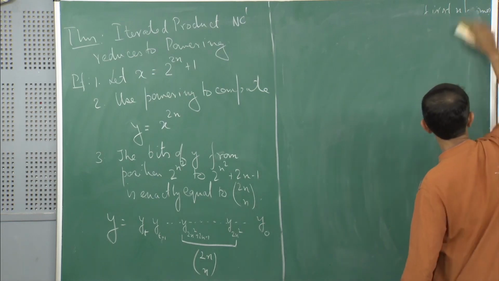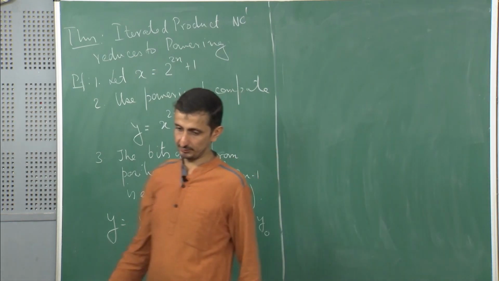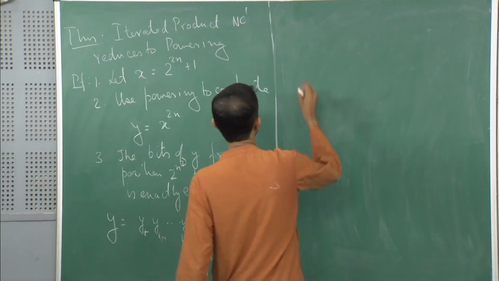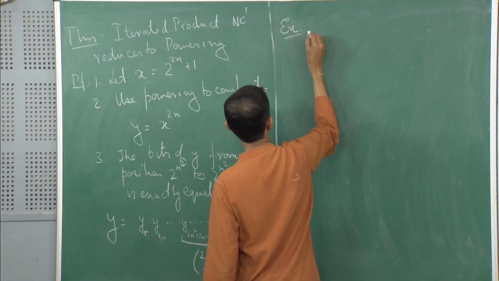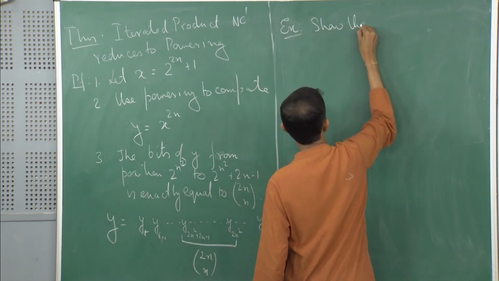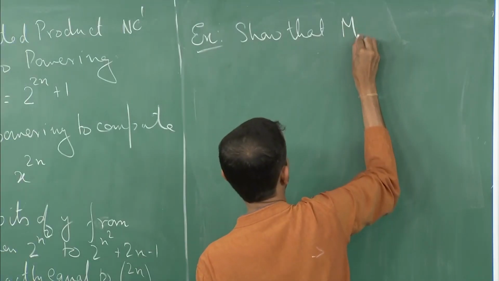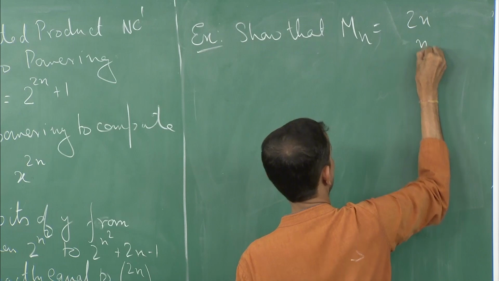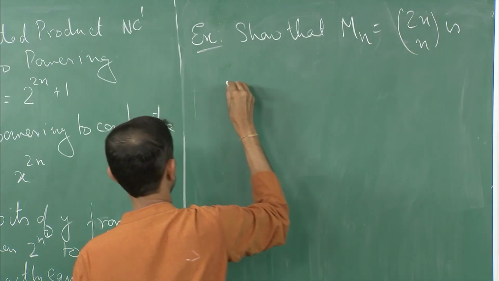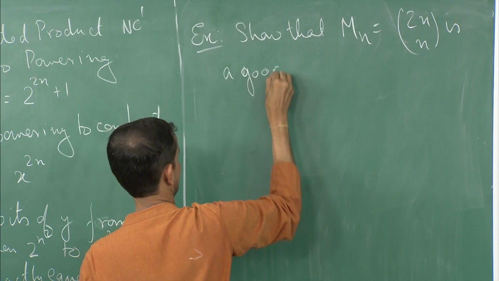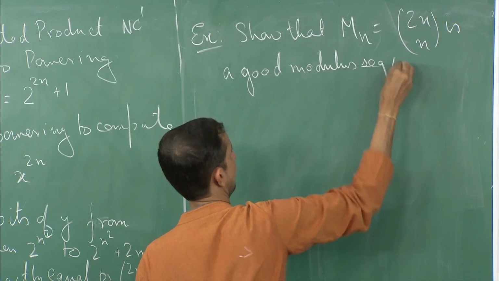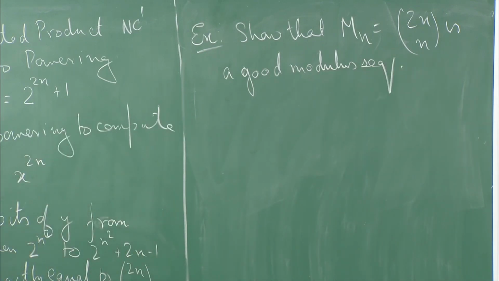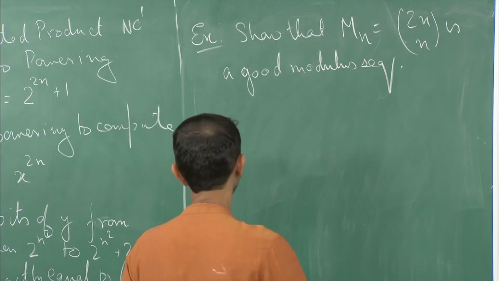So, I will just leave the remaining as an exercise. So, what you can see is that, show that Mn equal to 2n choose n is a good modular sequence. And what we have seen just earlier is that if somebody gives me a good modular sequence, I can compute iterated product, okay.